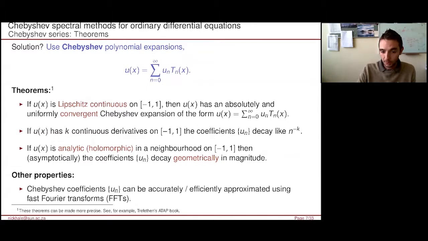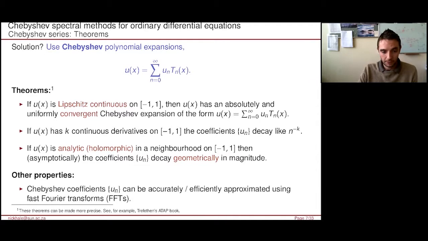And in fact, we can actually say more. So if the solution has k continuous derivatives, then we can say exactly how fast the magnitude of these coefficients go down, so how well a finite approximation to this will converge. And then the strongest thing we could say is if the unknown solution u is analytic or holomorphic in some neighborhood of the interval we're interested in, then these coefficients will actually behave geometrically, so that's very fast.